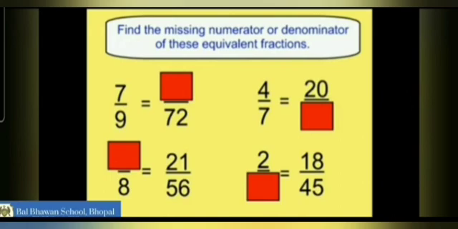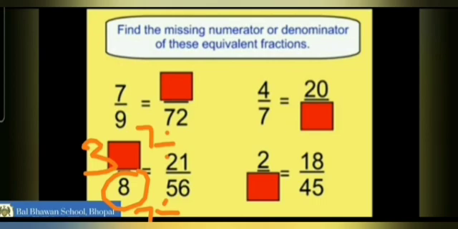I need to divide 56 by what number so that I can get 8? I know 8 7s is 56. So here when 56 is divided by 7, I am getting the value 8. Similarly, when 21, the numerator, is divided by 7, I am going to get the value as 3.